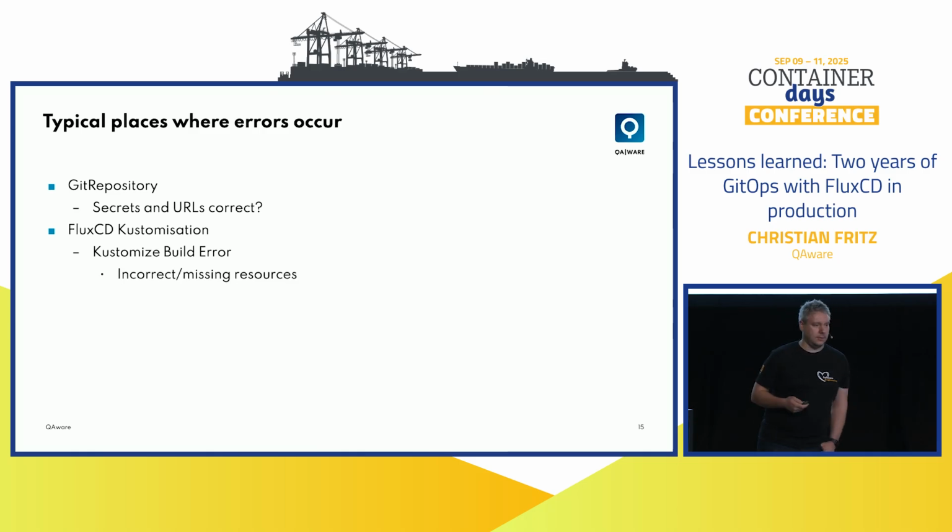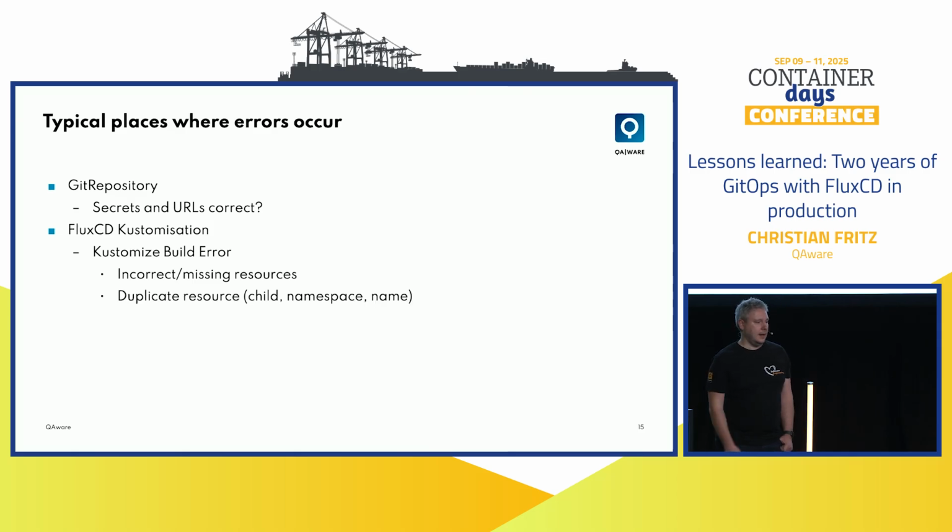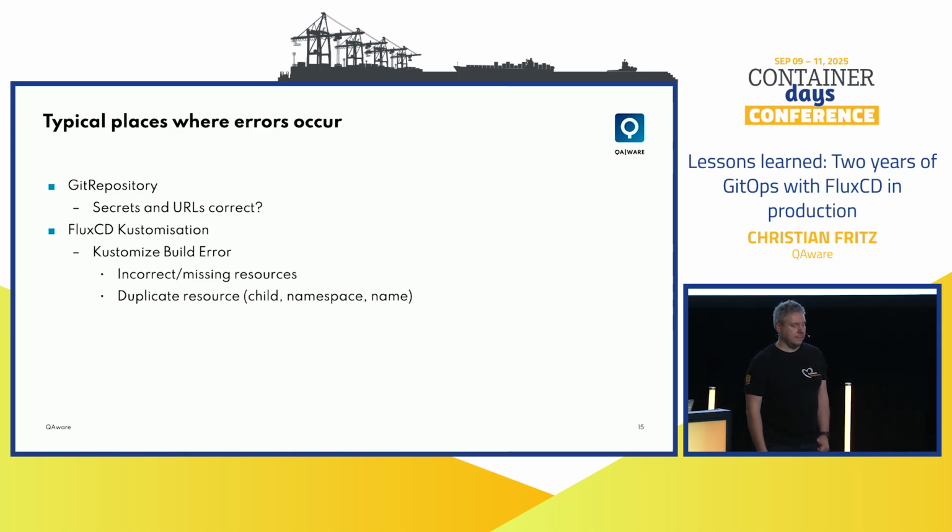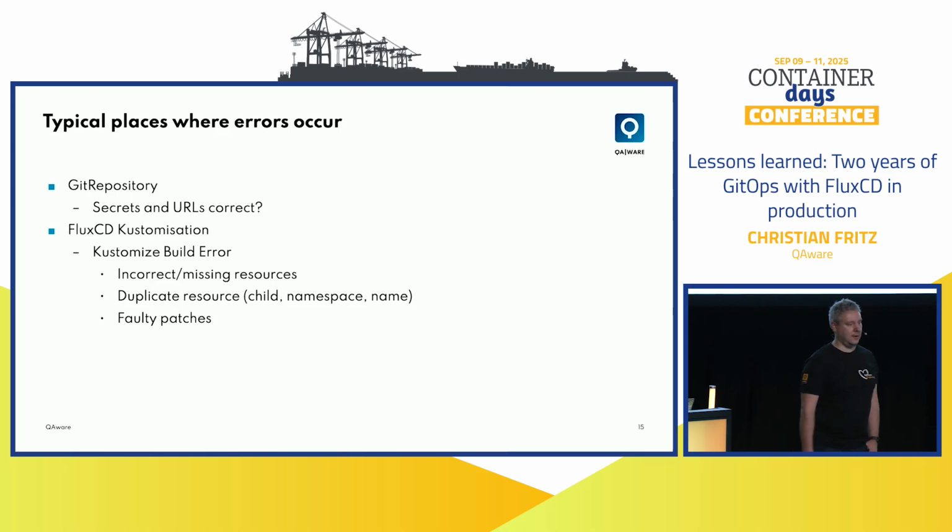then you will get some build errors. That's incorrect or missing resources. Duplicated resources, I already described some. Faulty patches, so you want to patch a resource for a specific environment, and you have some spaces too many, or fewer spaces, and so on.